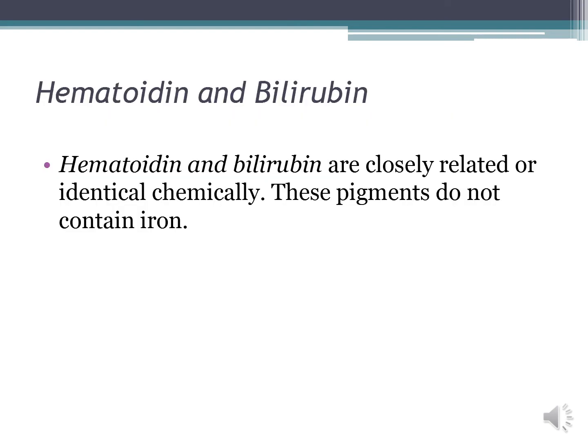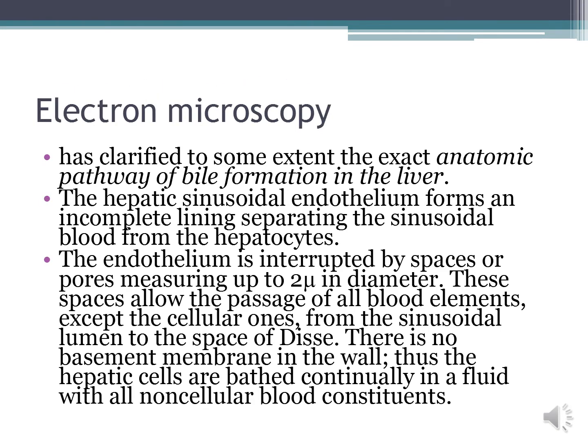Now we go to other pigments like hematoidin and bilirubin. Hematoidin and bilirubin are closely related or even identical chemically. These pigments do not contain iron. Electron microscopy has clarified to some extent the exact anatomic pathway of bilirubin formation in the liver.